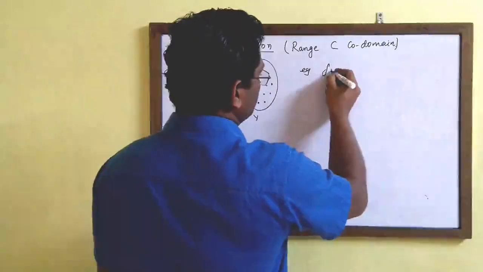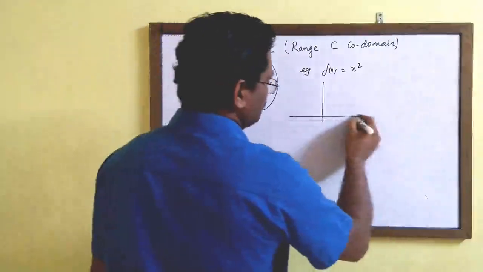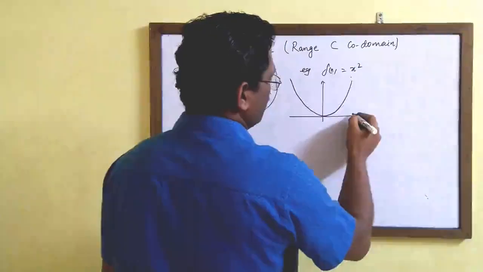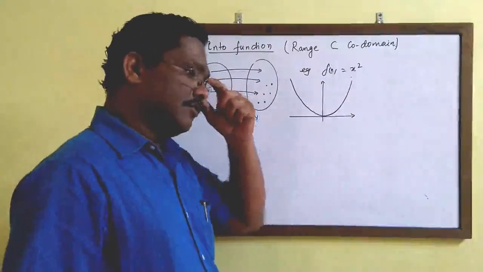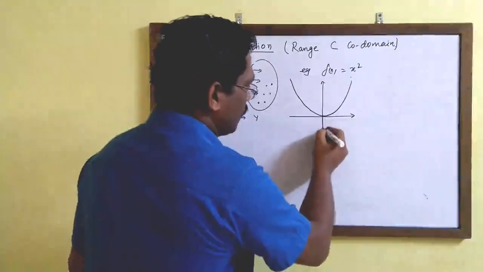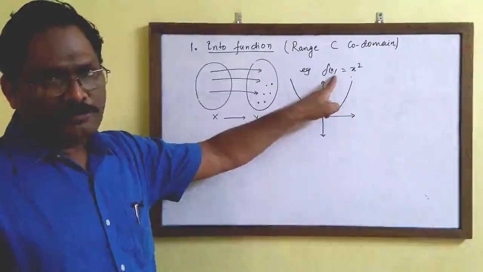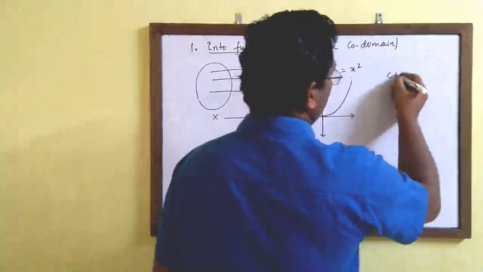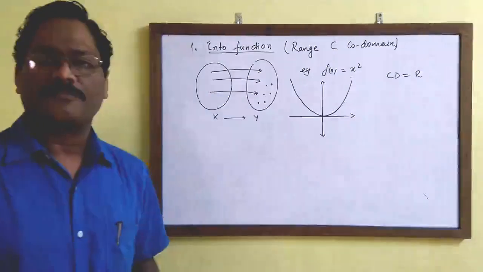Now in practical terms, let us take the example of x square. Now f(x) equal to x square has a graph like this. Looking at the graph, tell me what is the codomain of this function. I have not mentioned any set here. So by default the codomain is the set R, that means the entire y-axis.